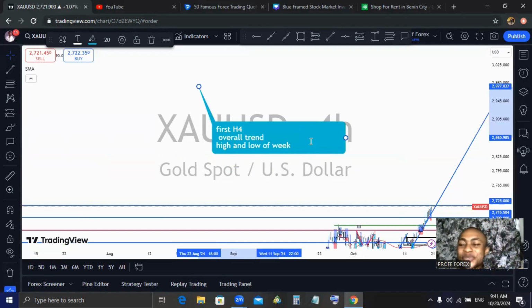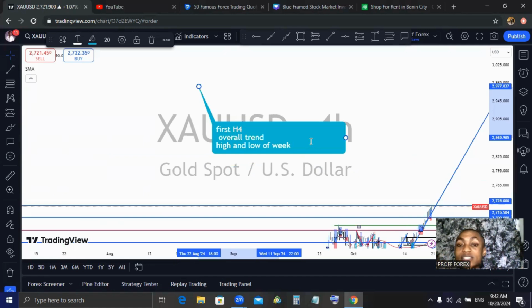So the first thing we do when we wake up, after the morning devotion, is go to our 4 hour time frame. It helps us determine the overall trend: are we bullish or are we bearish? Or it helps us determine the high and low of the week.